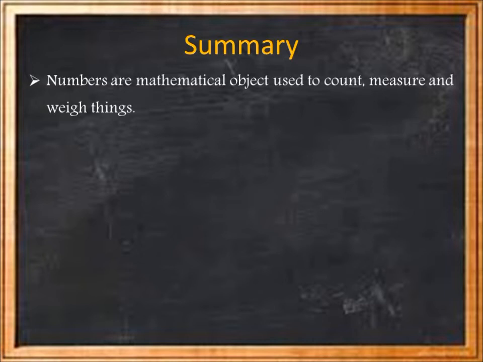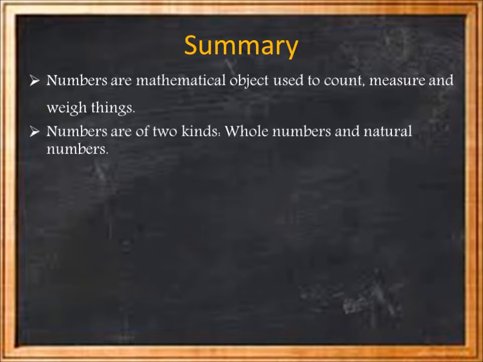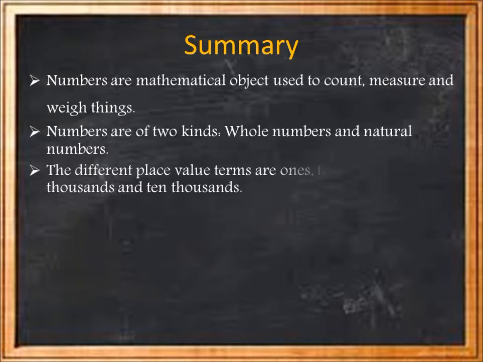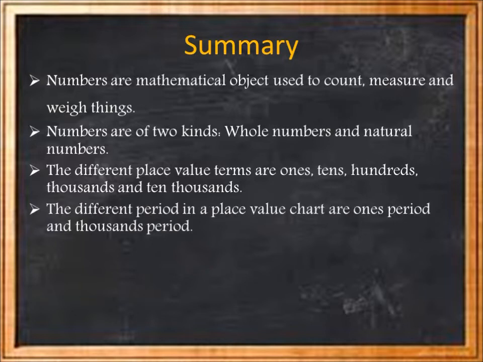Children, let us quickly summarize the things that we learned today in our lesson. First, numbers are mathematical objects used to count, measure and weigh things. Numbers are of 2 kinds, whole numbers and natural numbers. Whole numbers begin from 0 and then continue, but natural numbers begin from 1 and so on. The different place value terms are ones, tens, hundreds, thousands and 10,000s.